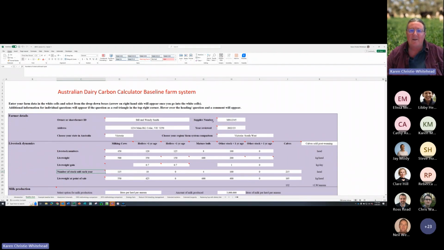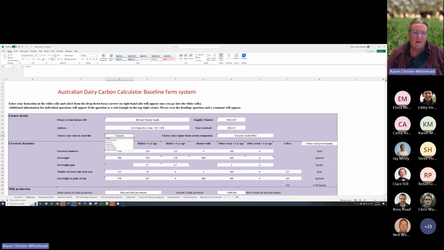But you've got some information at the front end, so who they are, where they're located, and the financial year that you're doing the assessment. It gives you a record to be able to go back over time. You can say, oh yeah, that's that year's records. The cells are either entry cells, where you just enter the text, or sometimes there'll be drop-down lists.